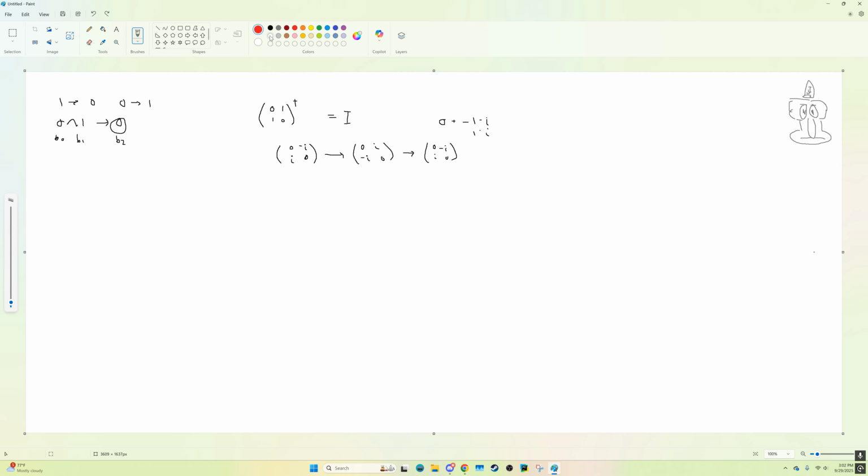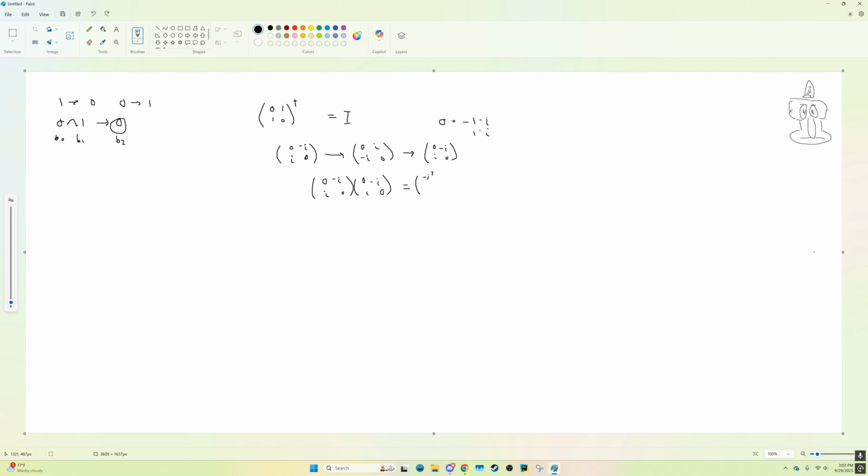So if I multiply the two, I should get back the identity matrix, and then we know it's a valid quantum gate. So 0, minus i, 0 and 0, minus i, 0. You multiply these two, you get minus i squared, from this times this plus this times this.